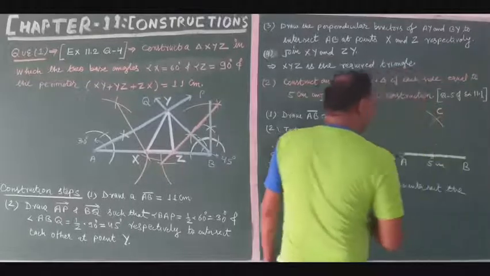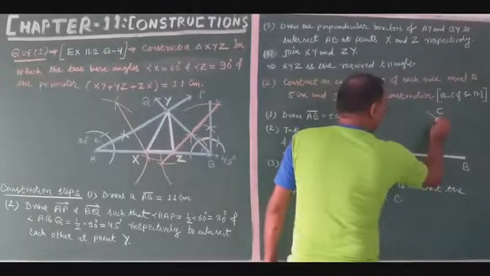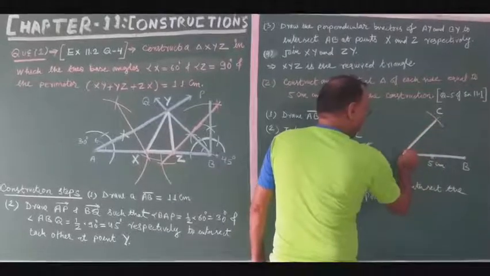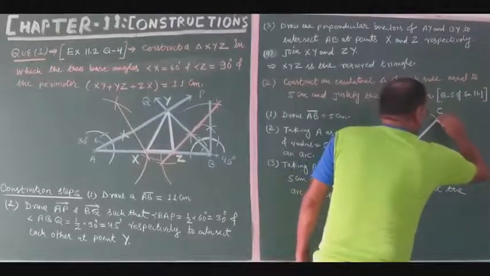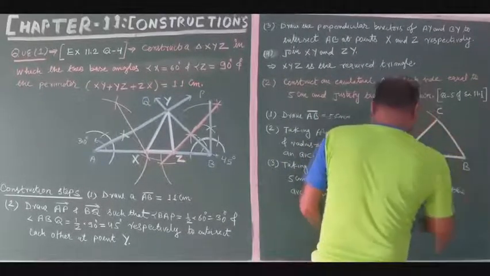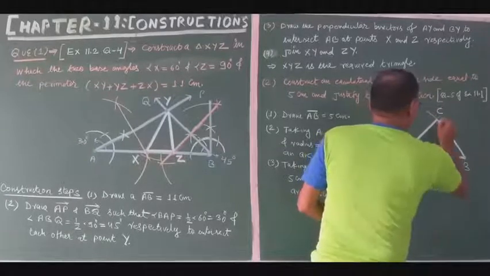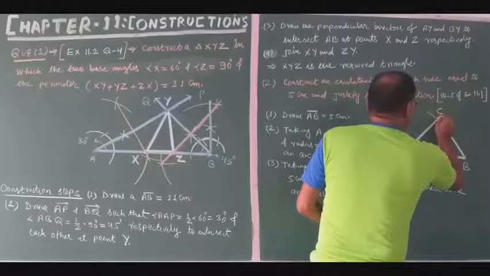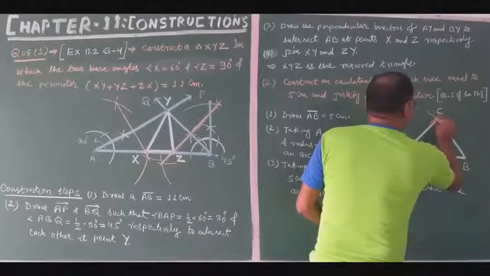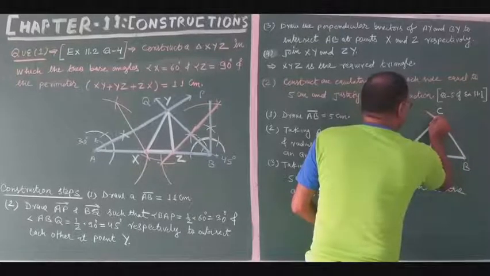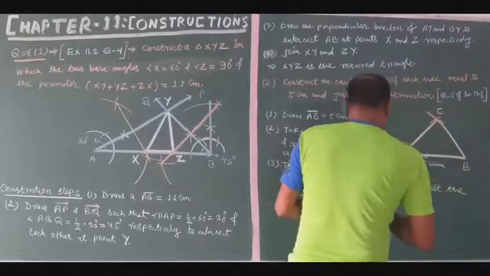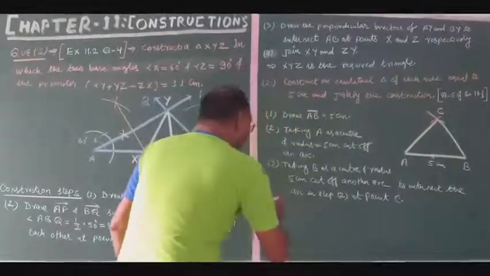And finally, what will we do? We will join this AC and BC. AC and BC. Is it there? Step number 4.